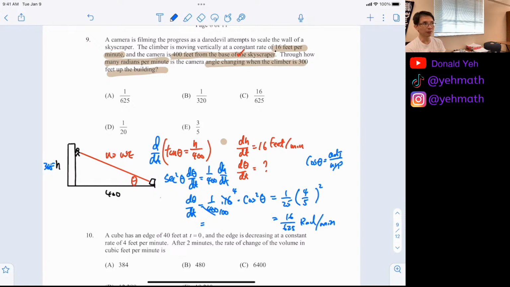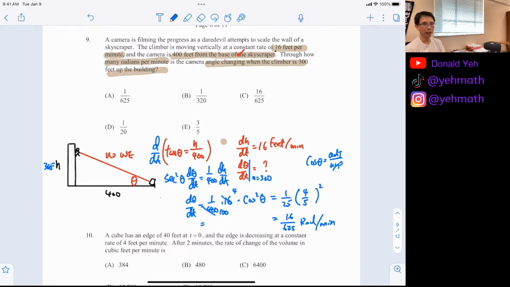Yeah, the h is 300, but I didn't write it down there just because h is still changing. But they want to find out how the angle is changing at 300. So the way to write this is to write a straight line when h is equal to 300. That just means when h is equal to that. So you know that h is still constantly moving up, because the guy is not going to stay at 300 feet high.